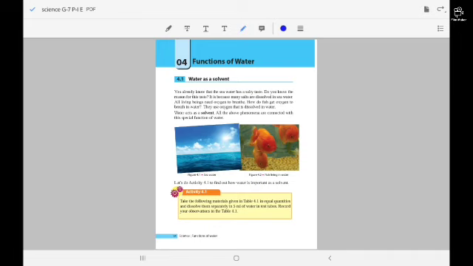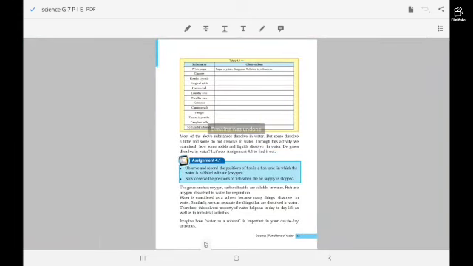Then record your observations in table 4.1. So let's see. Yes, you have to do this activity and see the observations. I had done it and I know the observations.